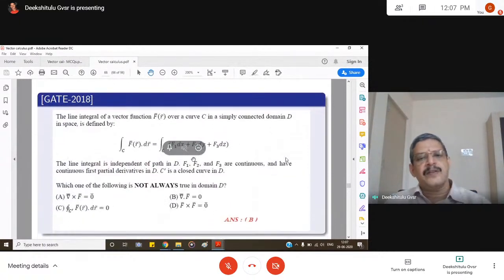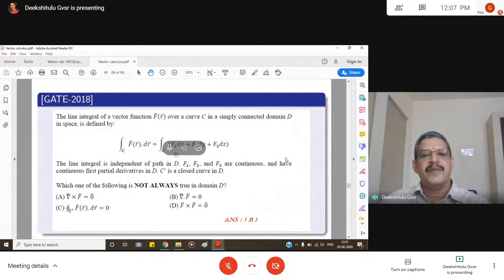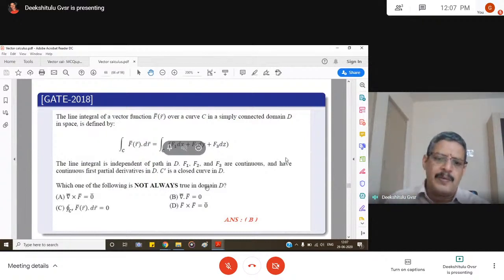The line integral of vector function F bar of r over a curve C in a simply connected domain D in space is given by the integral over C of F bar dot dr, which is F1 dx plus F2 dy plus F3 dz. The line integral is independent of path. You see, almost all the problems are focusing on line integrals and conservative fields only.